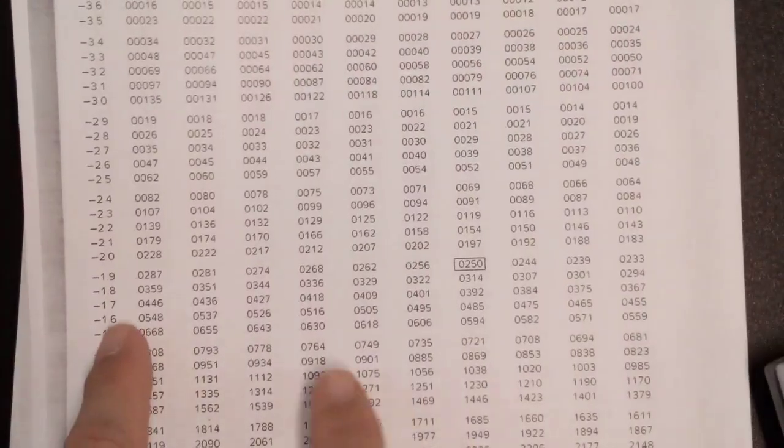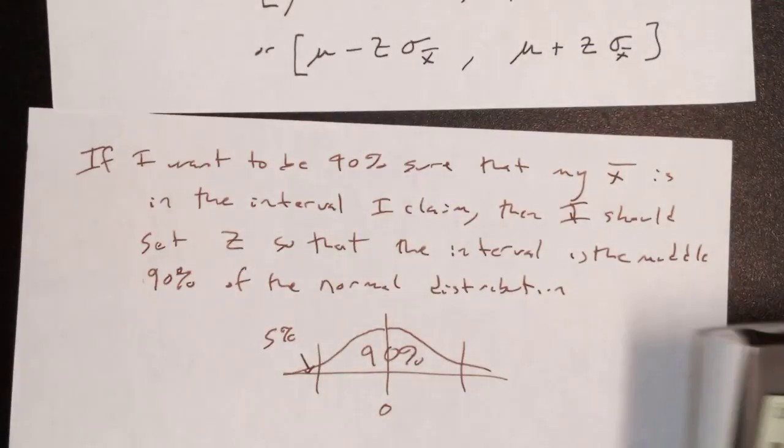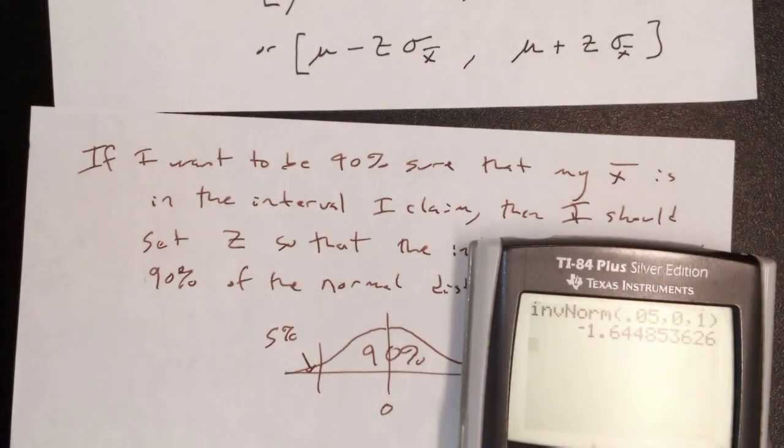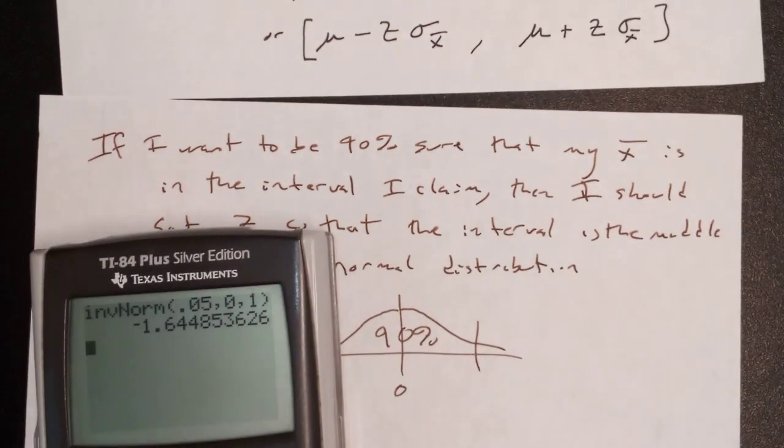As a matter of fact, it almost exactly splits the difference here between 1.64 and 1.65. So normally, we split the difference and write it 1.645. And that's the low one because that's the area being 5%.